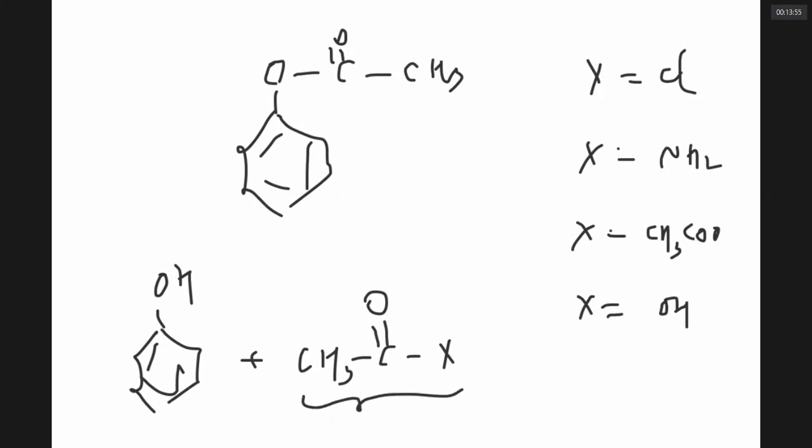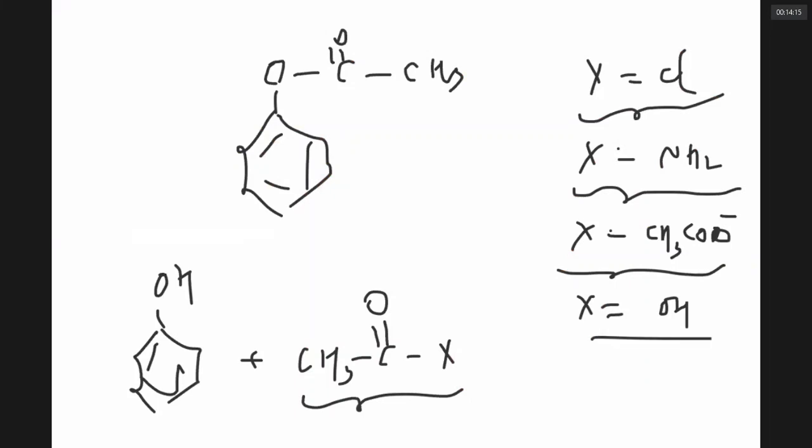Acetic acid is very, very slow to react. Acetyl chloride, if X is equal to Cl, the reaction is very fast. If X is NH2, the reaction happens in presence of a base. If X is equal to CH3COO minus, it is called acid anhydride, and the reaction smoothly happens. If X is equal to OH, it is simply acetic acid, the reaction will be slow, and this reaction happens in presence of concentrated sulfuric acid, acid catalyzed esterification, or it can happen in presence of a base catalyzed esterification.